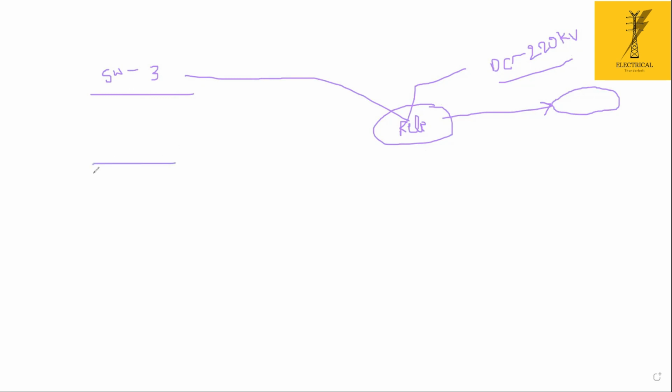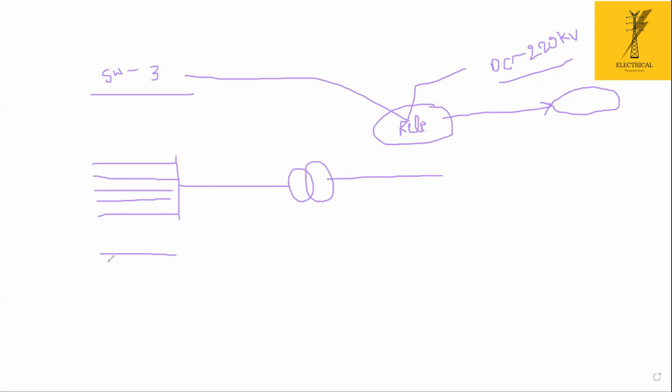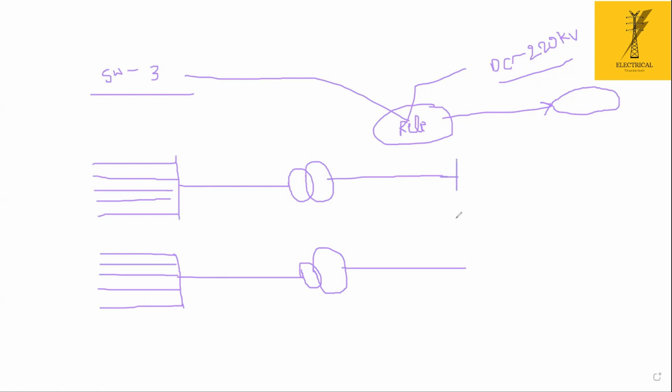So what we said, we are having 33 kV feeders, 10 numbers, 1, 2, 3, 4, 5, and these are connecting to a bus. And this is connecting to a 33/220 kV transformer. And this transformer and one more set of 5 numbers of 33 kV feeders are connecting to a bus, and this is connecting again to a transformer of 100 MVA, and these 200 MVA transformers are connecting to the double bus bar configuration with coupler arrangement at 220 kV.